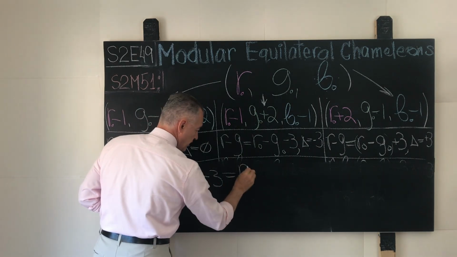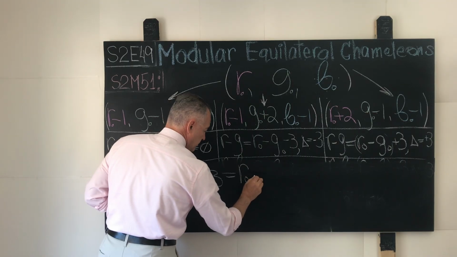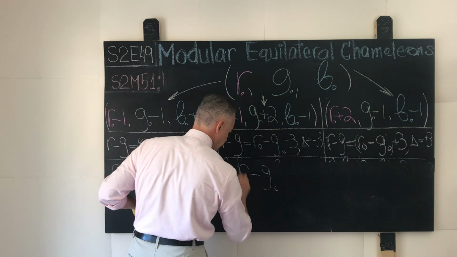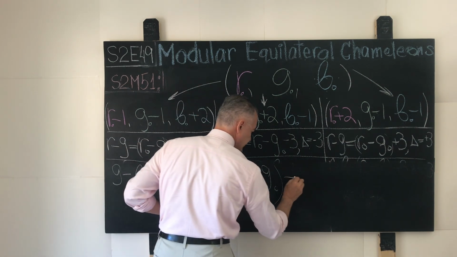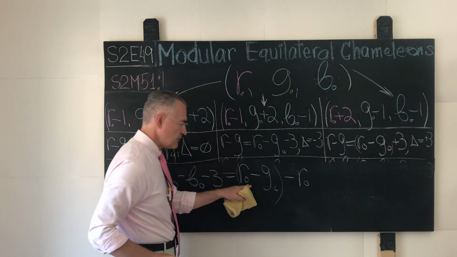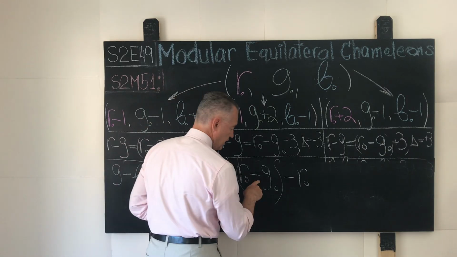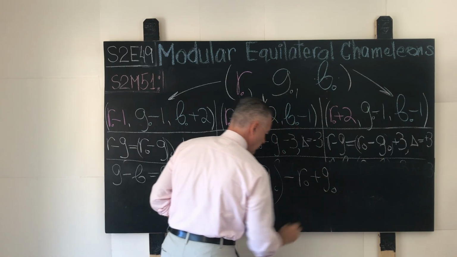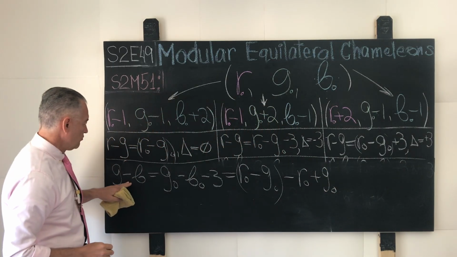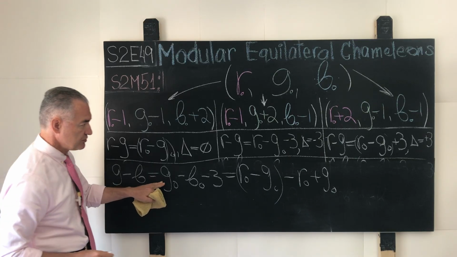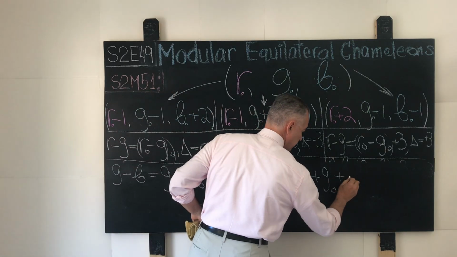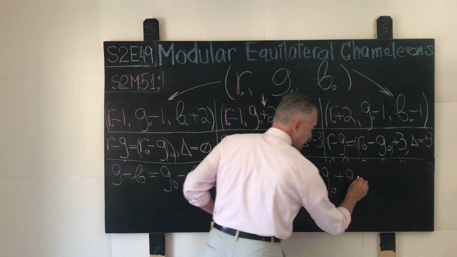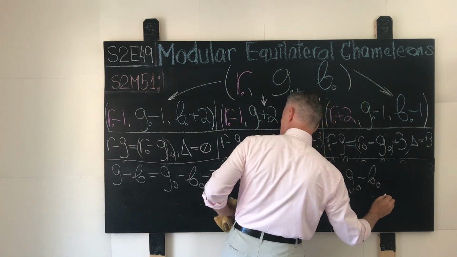So we add R0, then we subtract G0 like so. Then we have to subtract R0 to balance things out. We subtracted G0, so we need to add G0 over here. Then we had our original G0, so we need to have plus G0. We had negative B0, and what else did we have?